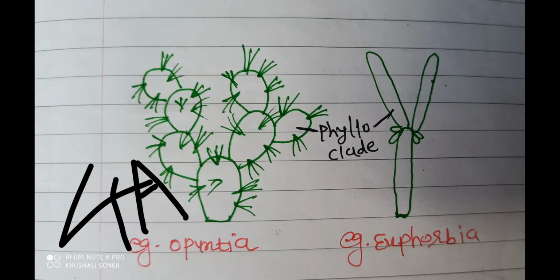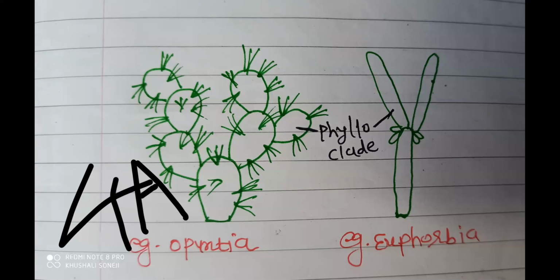Instead of leaves, these spines grow at the nodes, so that transpiration can be prevented, and here only the stem is present and no leaves are there, and photosynthesis is carried out only by the stem part, as they have chlorophyll inside them.